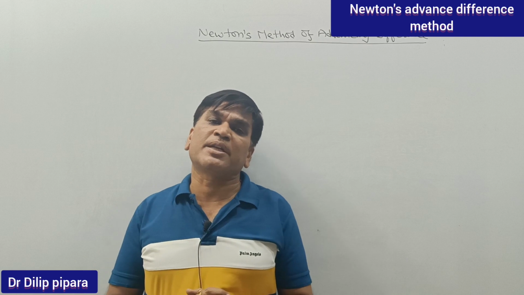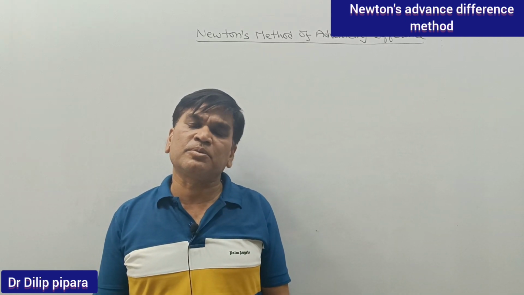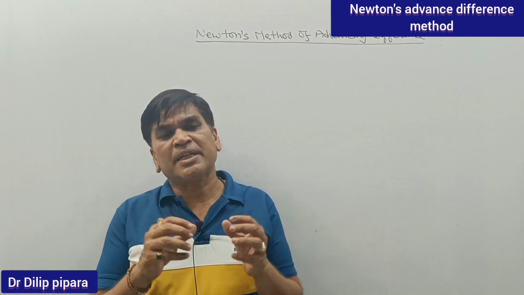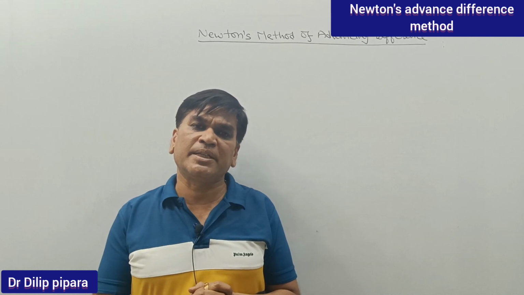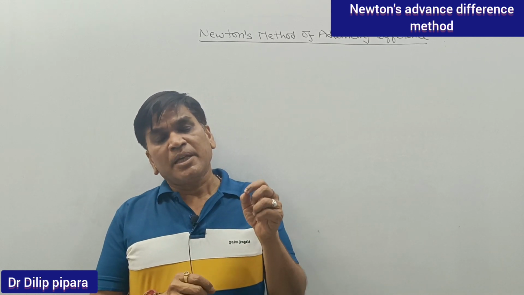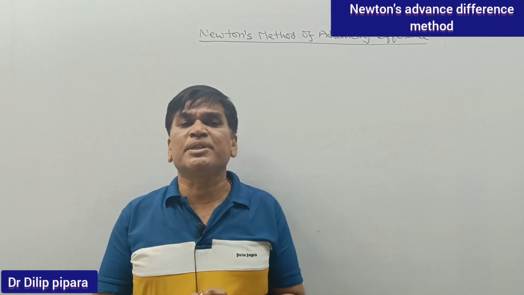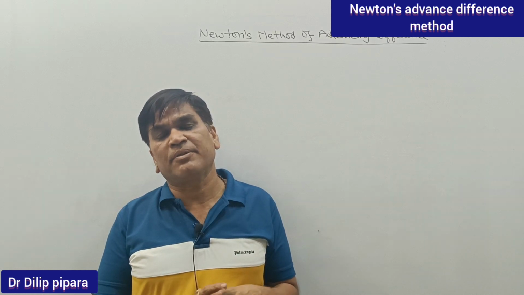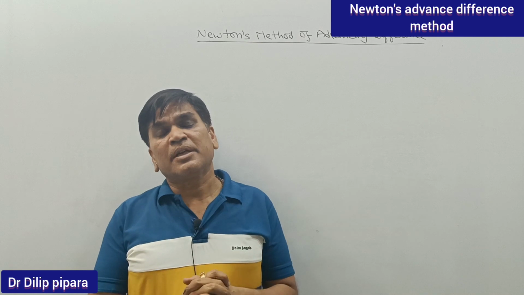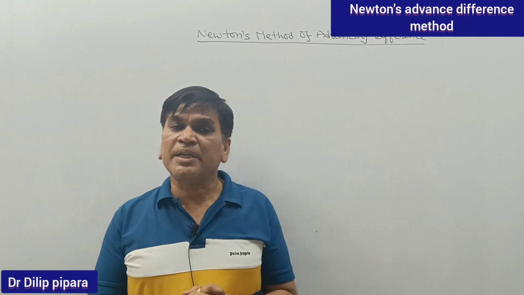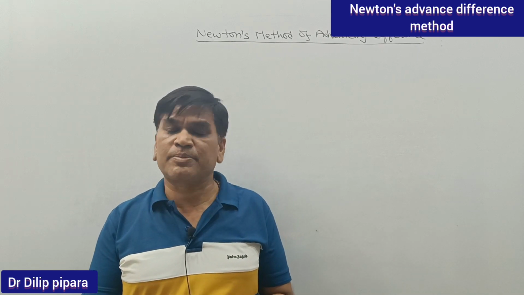It means if we are given the data of population related to 1921, 1931, 1941, 1951, 1961, 1971, and any data among these is missing, then we can do the interpolation with the binomial expansion method. Suppose the data of 1951 is not available, then we can do the interpolation with this method.